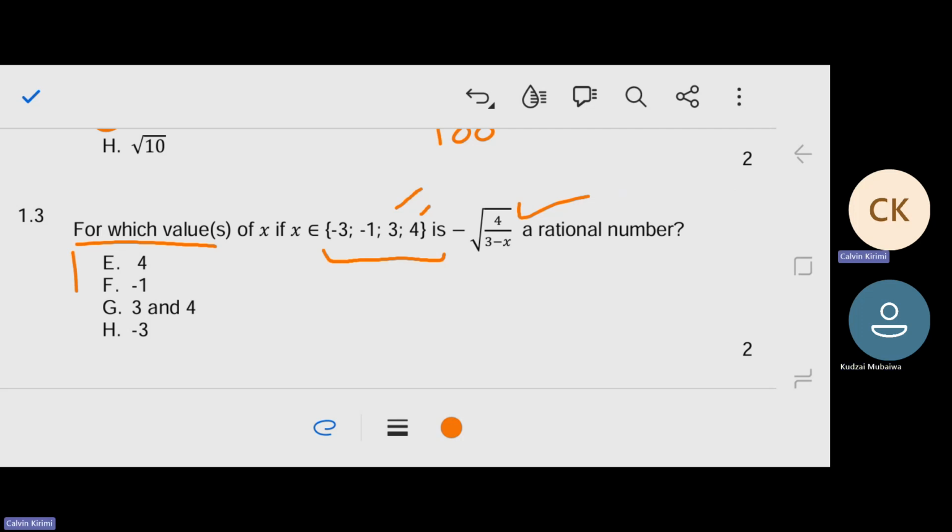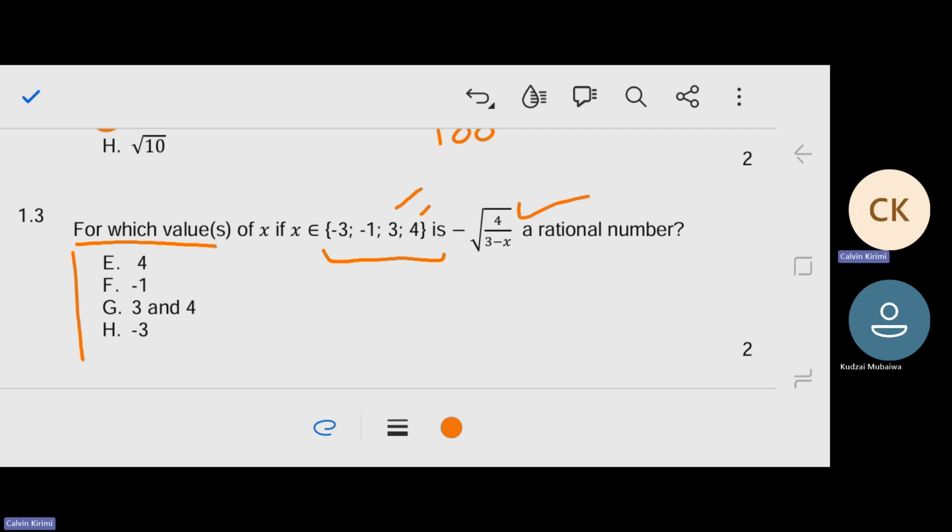Can x be equal to 4? No. X cannot be equal to 4, because 3 minus 4 is negative, and the square root of a negative is undefined.